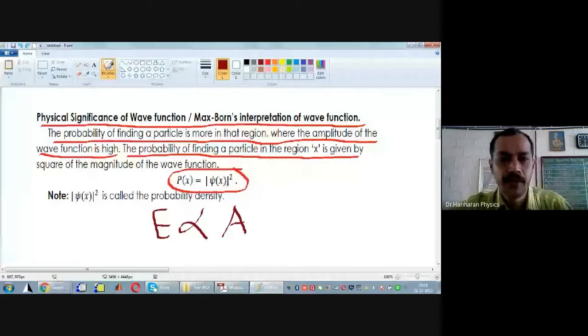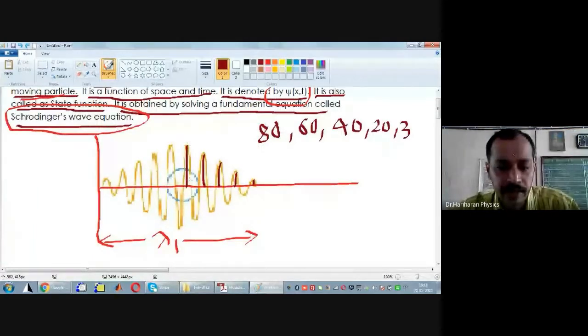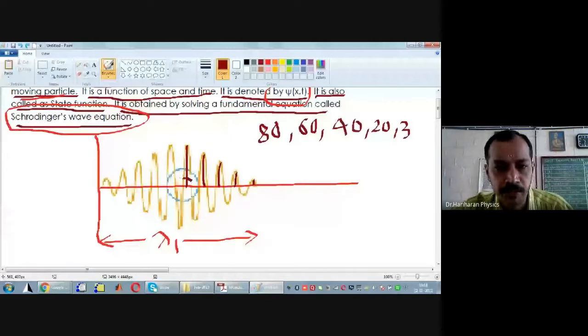In this example, for instance, there is an 80% chance of finding an electron here, some 40% chance here, here some 15%, here 10%, and here it is almost 1%. If the amplitude is very high, there is a greater chance of finding the particle. So in this example, where is the greater chance? It is in this spot, because the amplitude of the wave function is high.